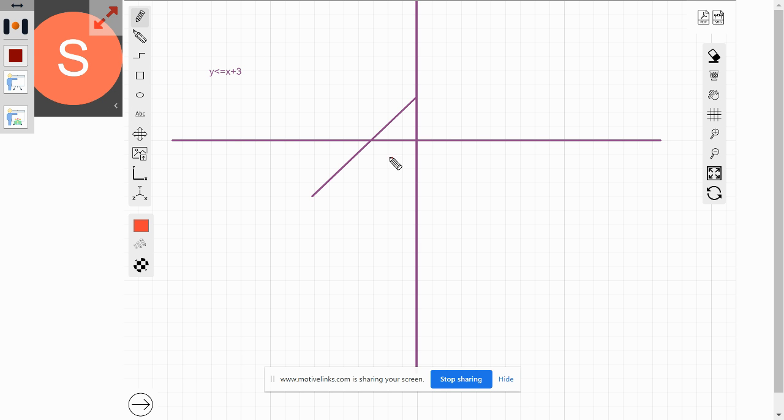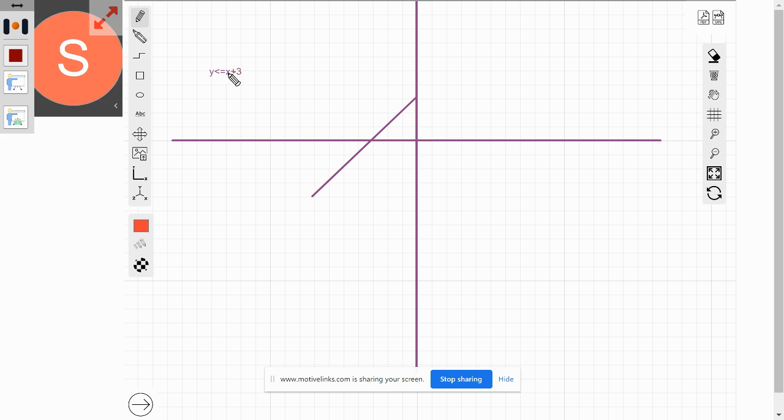Let's move to the good stuff. This is the main part. So once we're done with graphing the slope-intercept form of this, remember it's a solid line. So we're gonna move on to the shading part.